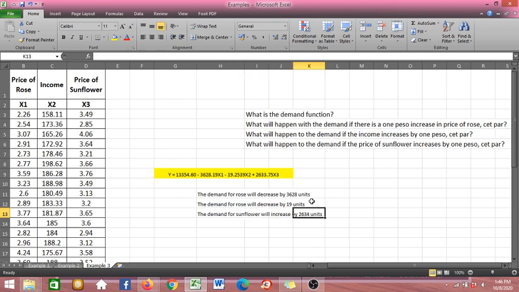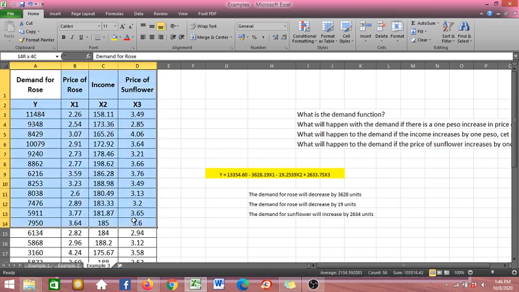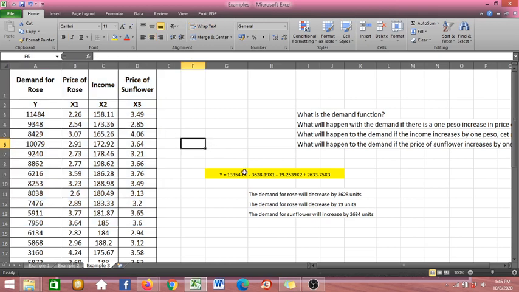Okay. So, that's it. We really need to remember the factors affecting demand so that, even with just the given, you already know what sign to expect, whether positive or negative, the effect of the different factors on our demand.